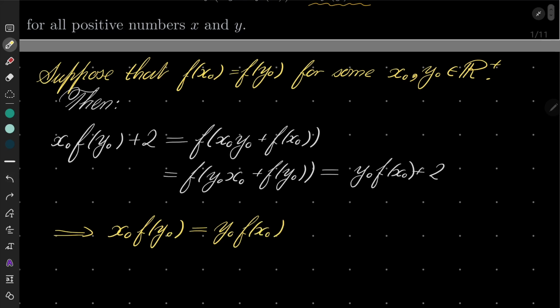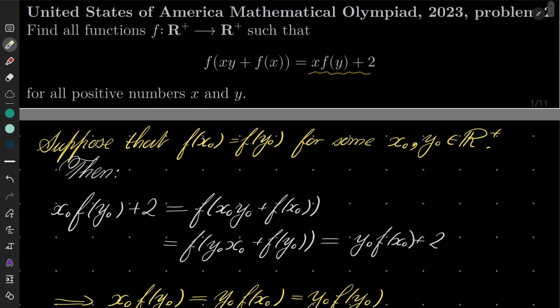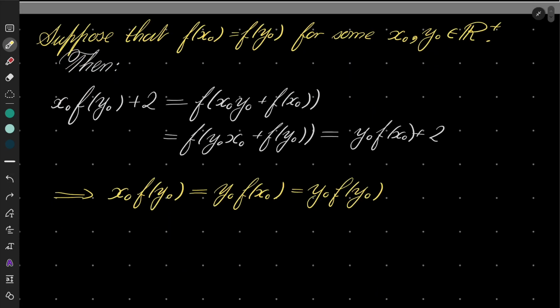And remember, again, f of x0 is f of y0, so I can write, instead of y0 f of x0, y0 f of y0. And now take notice that I can safely divide by f of y0, because our function's range has only positive values attained, so I do not divide by 0.